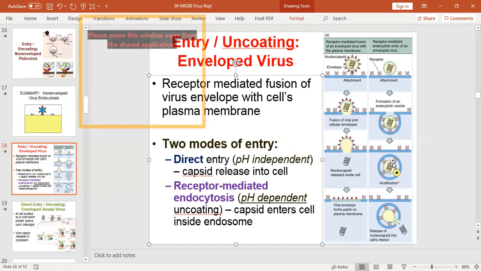The endosome will get into the host cell cytoplasm, followed by acidification of the endosome, conformational change in the capsid protein, creation of a pore in the endosomal membrane through which viral nucleic acid will be released inside of the host cell.